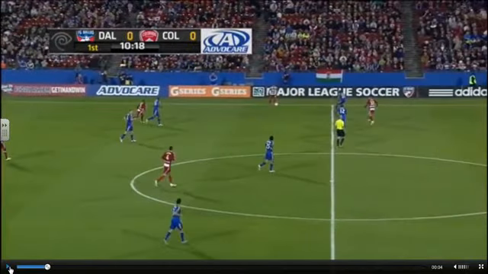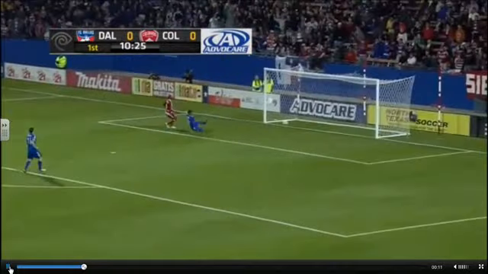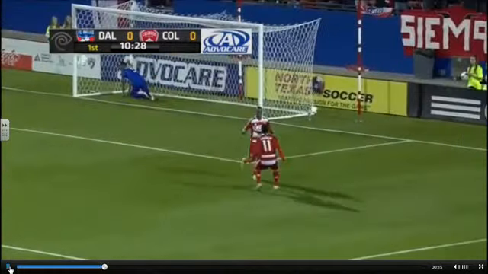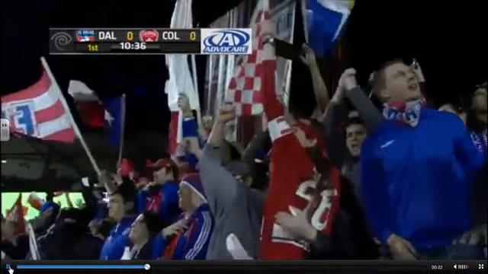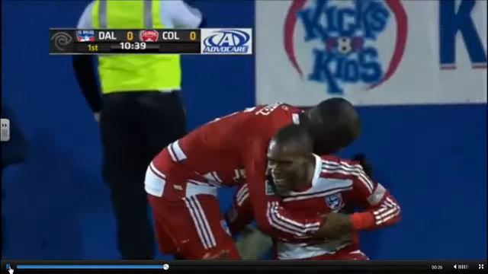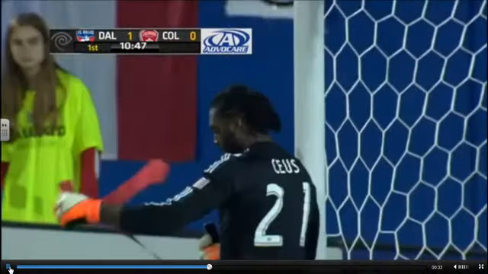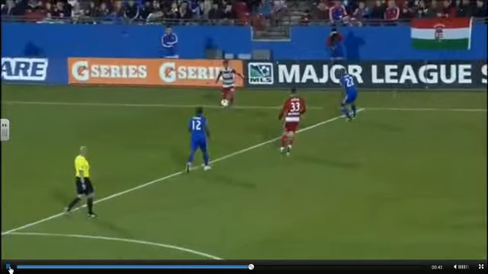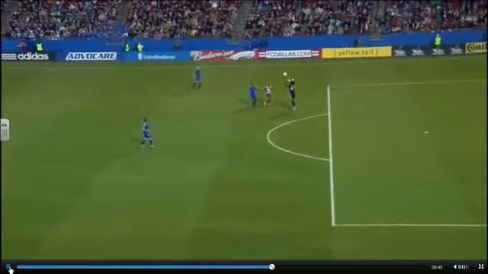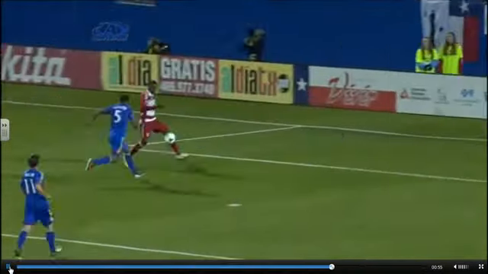Watch the goalie. Comes out, he looks ahead, realizes in a split second he's caught in between.